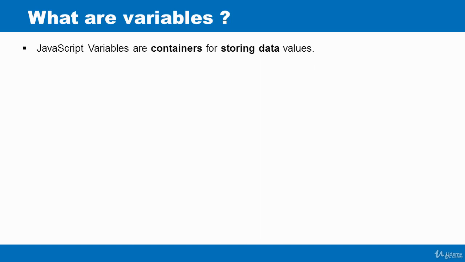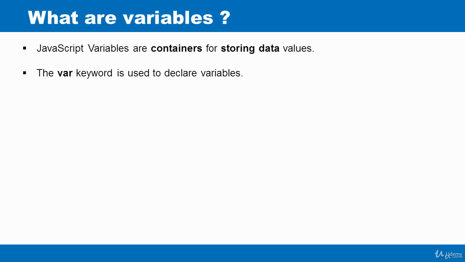In order to create a variable, you need to use the var keyword, which is spelled VAR. It has to be in lowercase. Also, when you create variables, creating a variable means declaring a variable. It's the same thing.